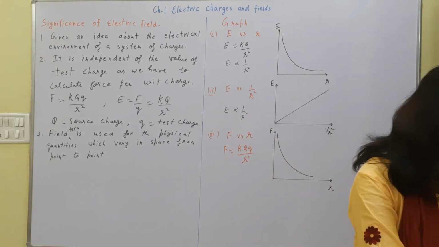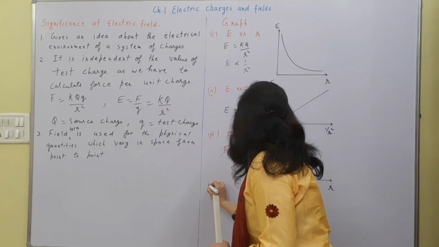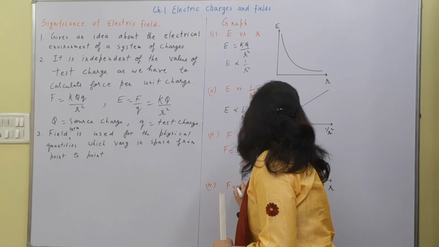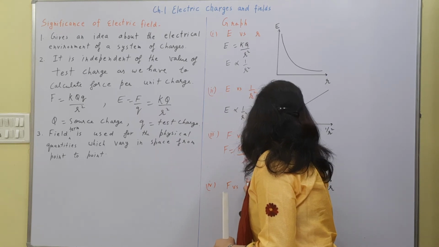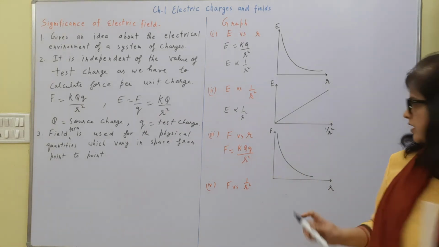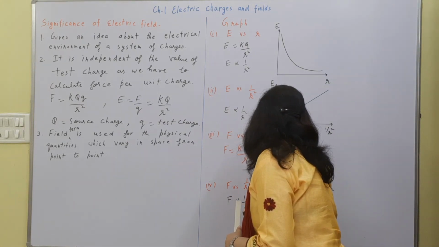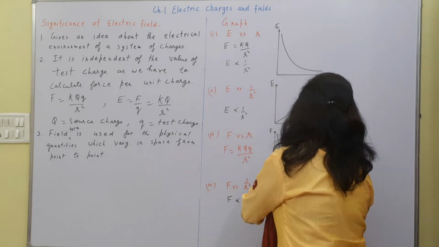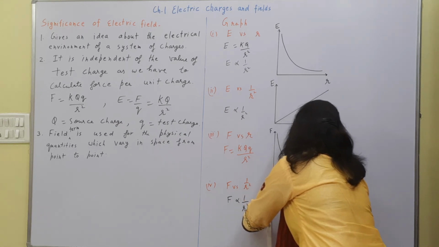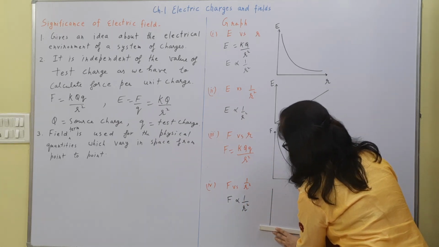Now we can have another graph between 1 upon r square and force. Again we know that force is proportional to 1 upon r square, so this is direct proportionality. If we plot it between 1 by r square and F, I'll get this.